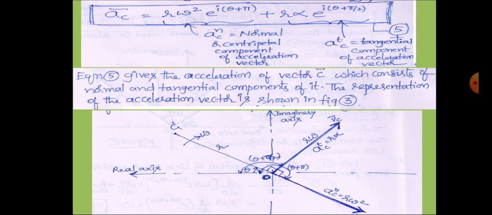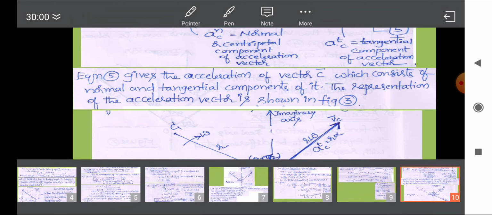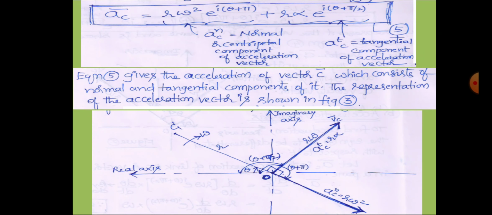The second term represents the tangential component of acceleration, where its magnitude is r alpha and its direction is theta plus pi by 2. So using equation 5 I can find the acceleration, but that acceleration has two components: one is the normal component, the other is the tangential component.